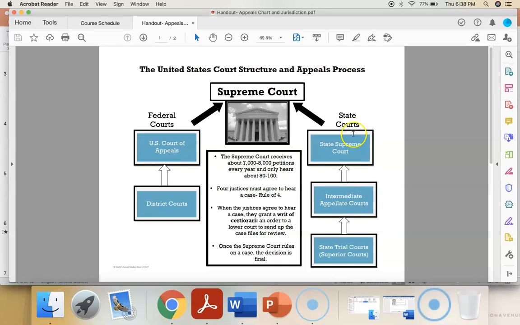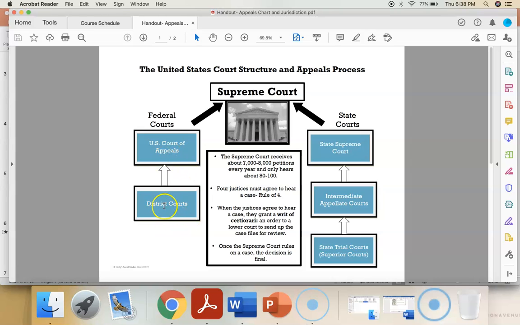You could move up to the state Supreme Court, and then eventually it could go to the Supreme Court at the federal level if it is a constitutional matter, a legal matter according to the law, or some sort of multiple state issue. Okay, so those are really the main things the Supreme Court handles.